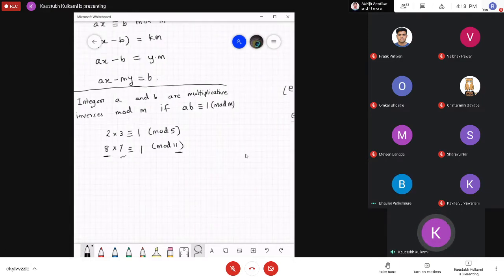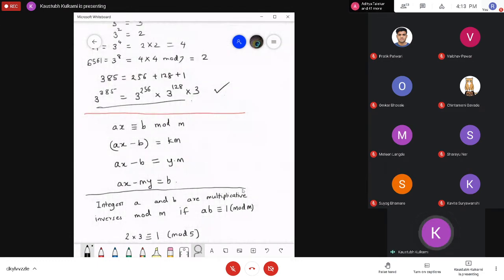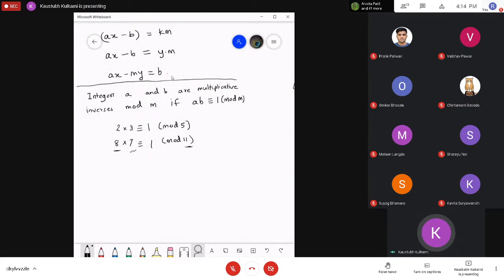So coming back to our terminology, where we stopped in the previous lecture. Ax is congruent to B mod M, that is, Ax minus B is equal to Km. Instead of K I use a different letter, Y. So Ax minus B is equal to Ym, and then Ax minus My is equal to B. Then we saw the definition of multiplicative inverse.